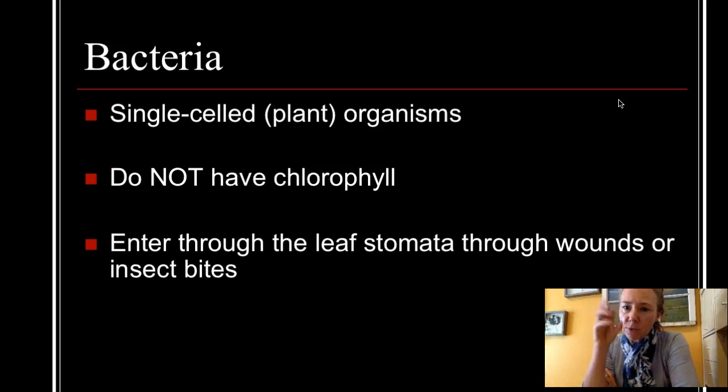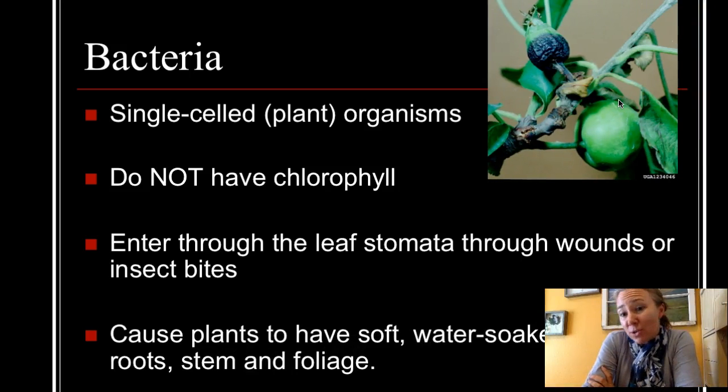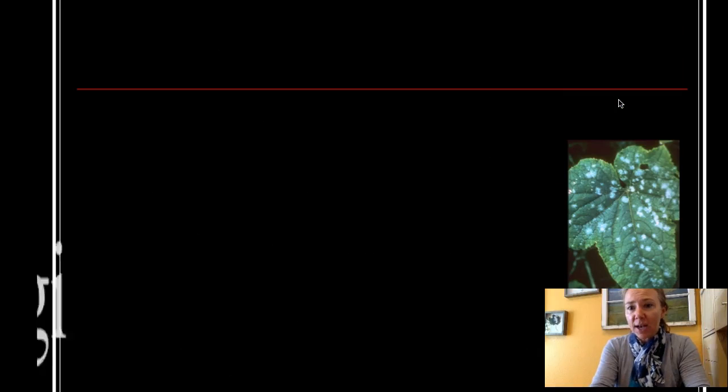So this might be through the bite of an insect nibbling on the leaves, or they can actually enter, they're so small they can enter through the stomata from underneath a leaf, and actually enter through those guard cells. Typically, bacterial pathogens create diseases in plants that cause soft spots that are often smushy. We generally see this damage on roots and stems and foliage, and it's fairly common.